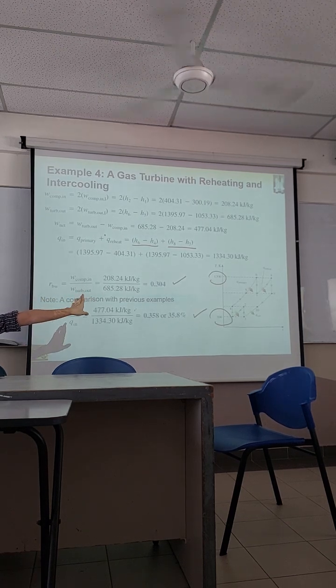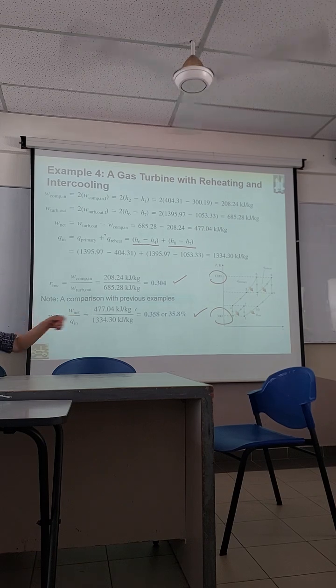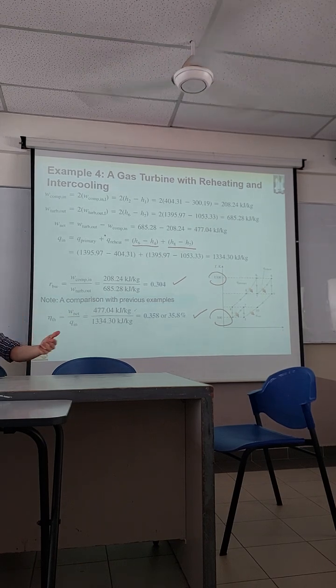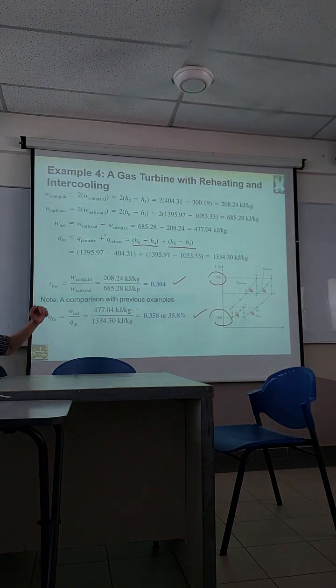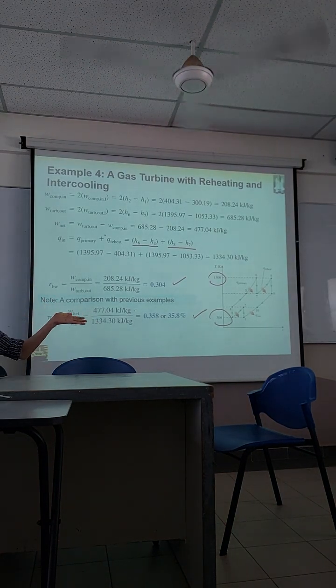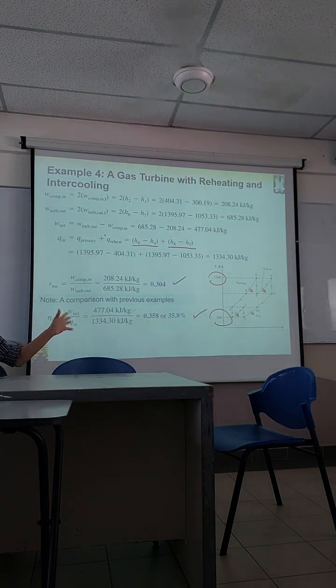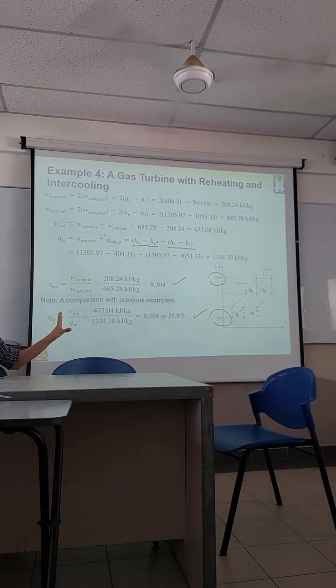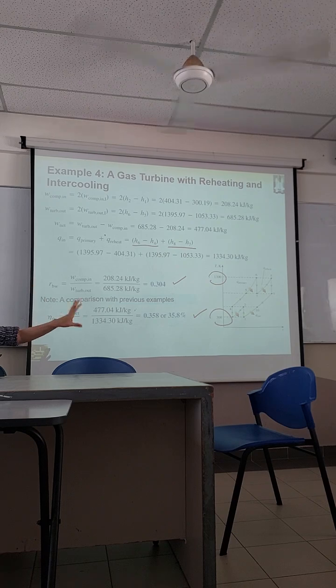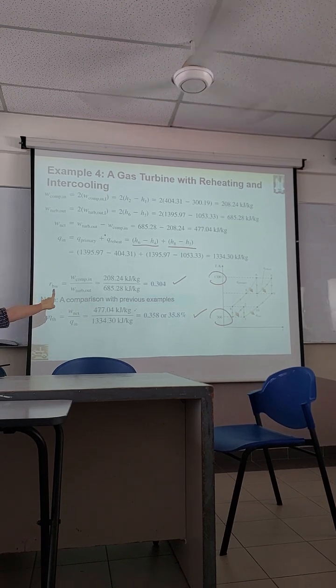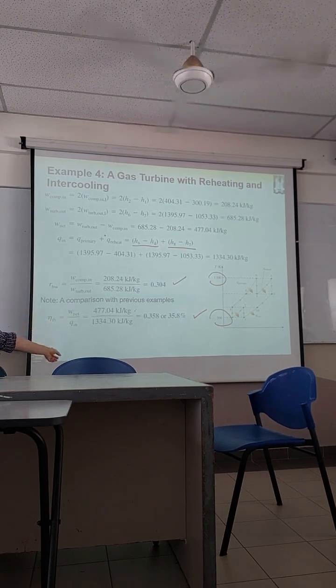But for back work ratio, we want the value to be low rather than high. So the back work ratio has improved by about 10%, but efficiency dropped by about 8% or 9%. So by using intercooling and reheating, the back work ratio improved, thermal efficiency reduced.